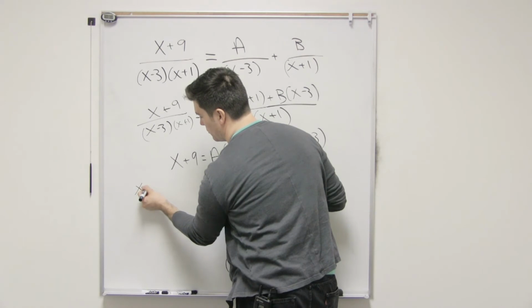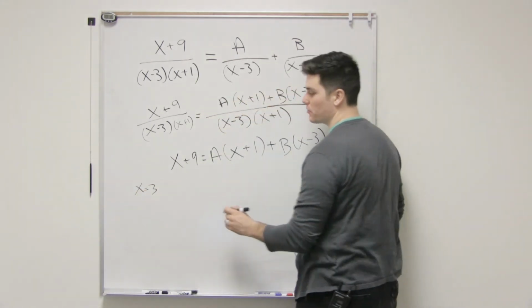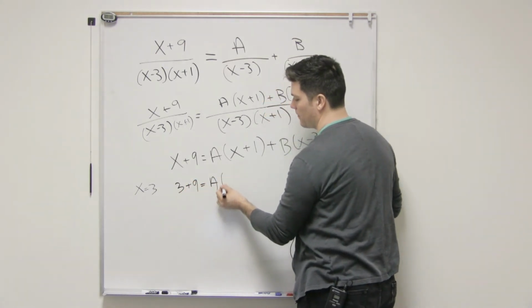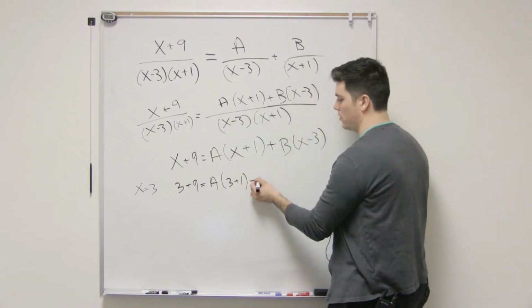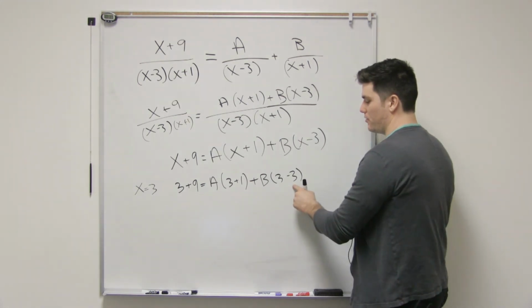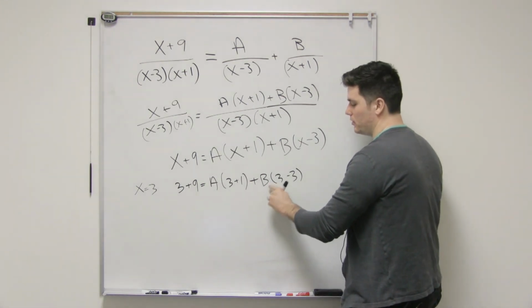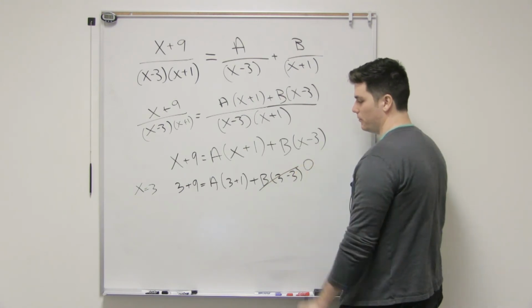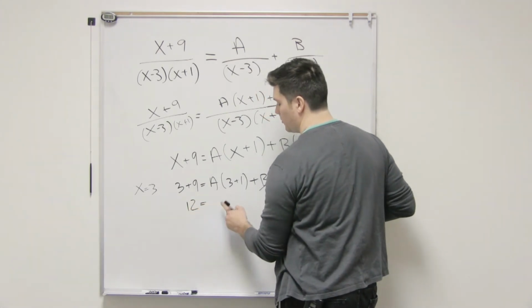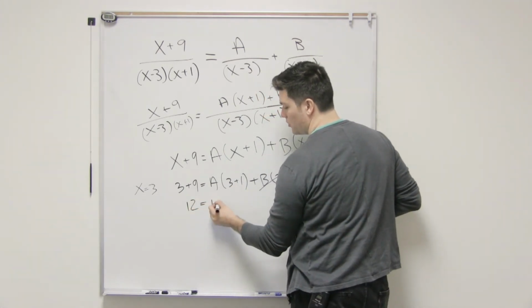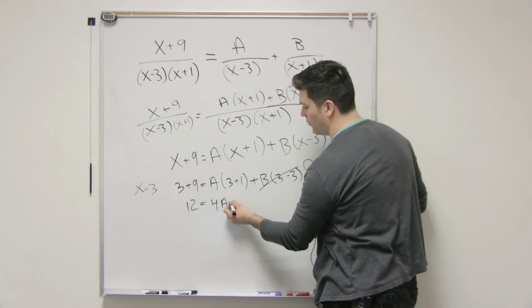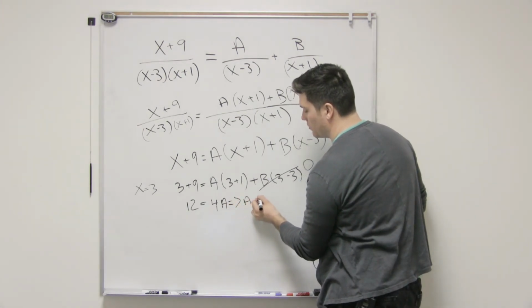So if we say x equals 3, everywhere we see the x, we're going to plug in that 3, so it's going to be 3 plus 9 equals a(3 plus 1) plus b(3 minus 3). Now 3 minus 3 is 0, and any number times 0 is 0. And so now we have 3 plus 9, which is 12, equals 3 plus 1 is 4, so 12 equals 4a. Divide each side by 4, and we get a equals 3.